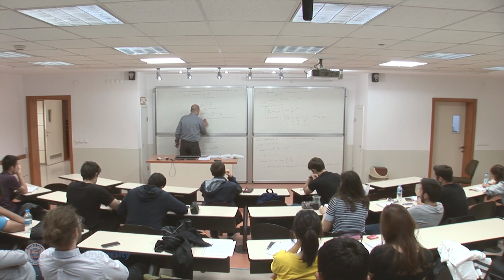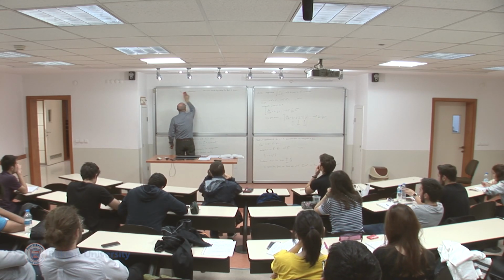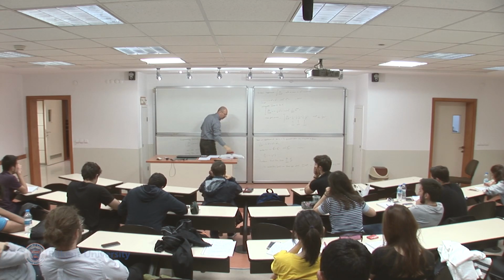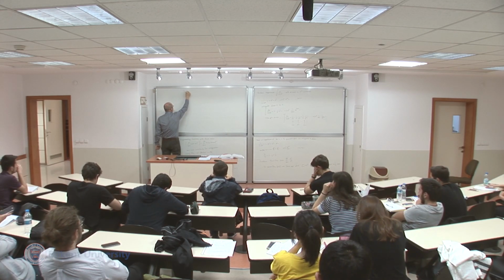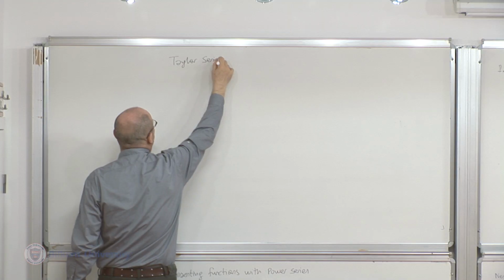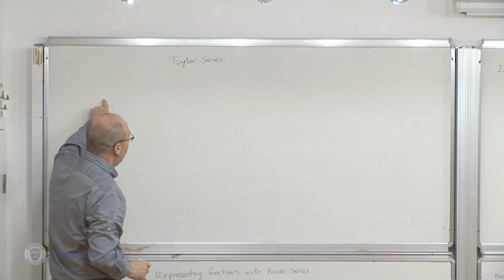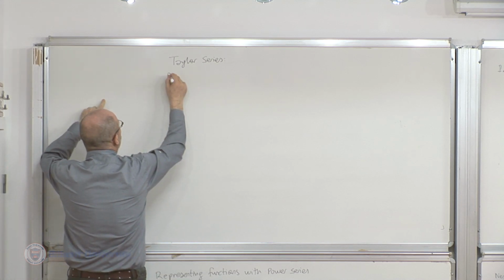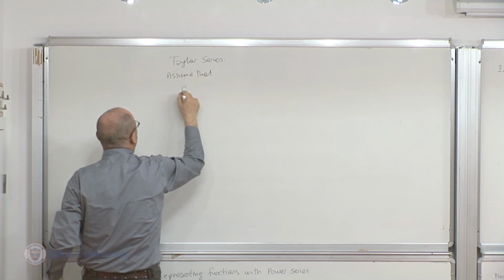Okay, I'm erasing this now. Okay, so this is now Taylor series. So assume that we have a function f of x.